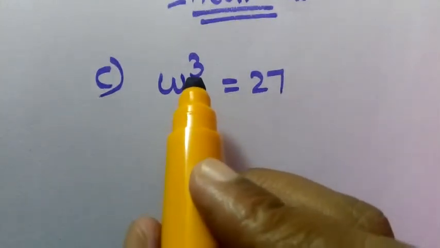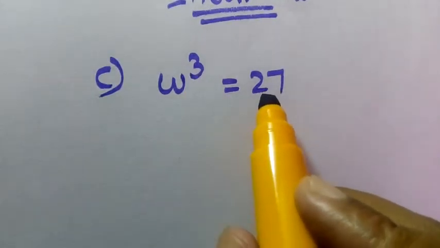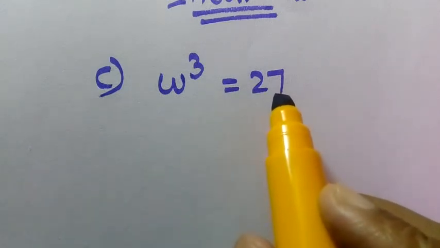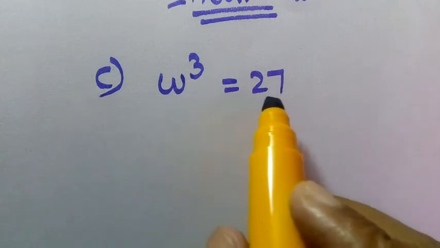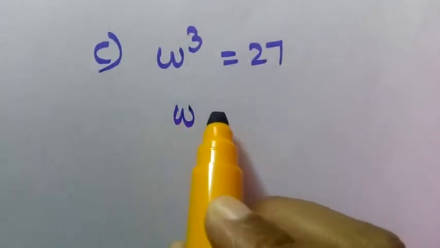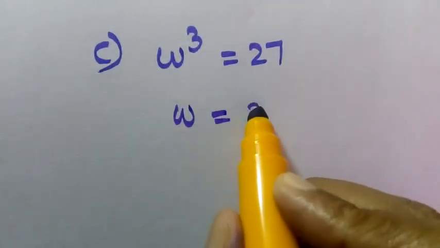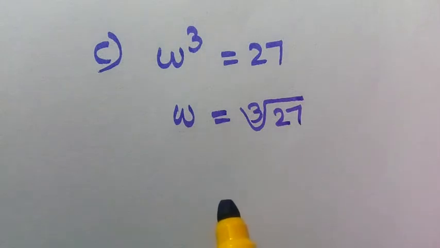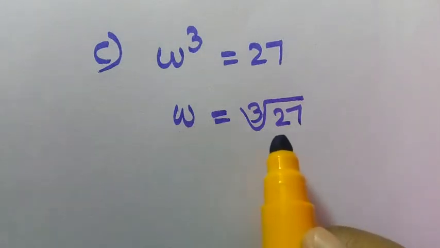If we take cube to the opposite side, then it will change into cube root. Okay, we have w cube is equal to 27. So w is equal to cube root of 27. Now we need to find what is cube root of 27.